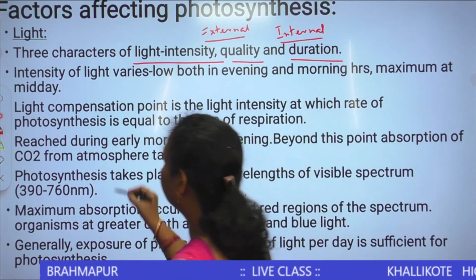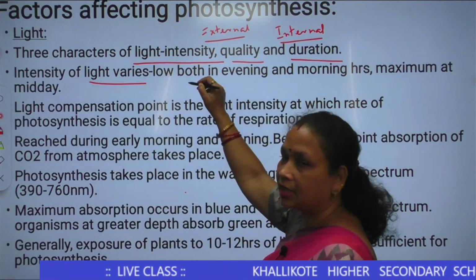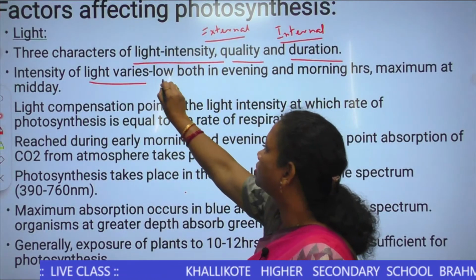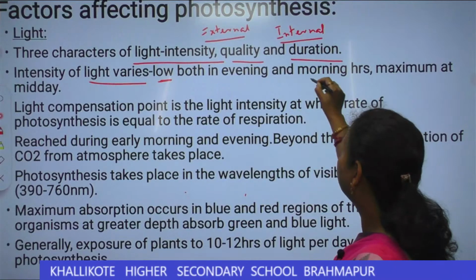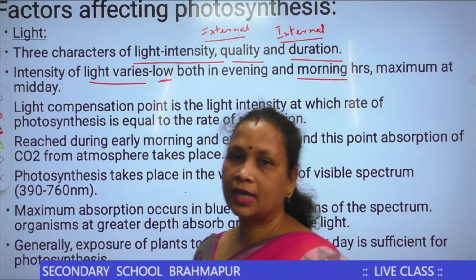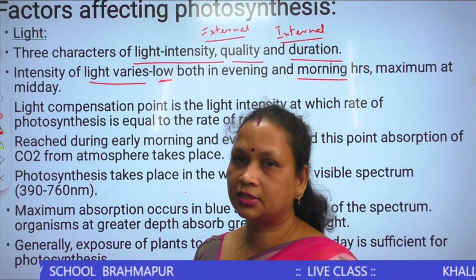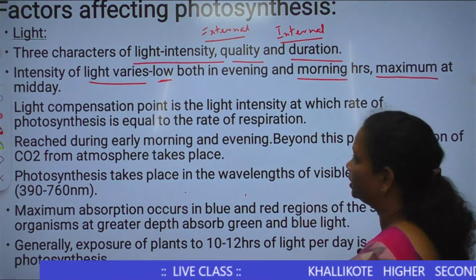The intensity of light varies. Normally the intensity of light is low in the early morning and in the evening, and it has maximum intensity at midday.